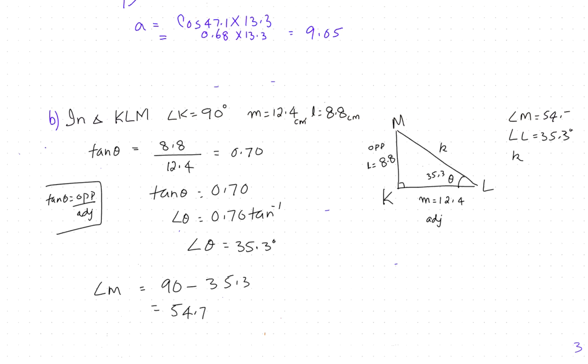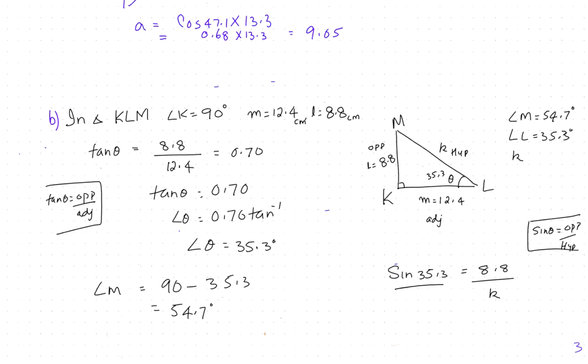So now we know the three angles and we have to find side K. So for this angle L, K is called hypotenuse. So opposite and hypotenuse we can use. So sine theta equals opposite upon hypotenuse. Sine 35.3 equals opposite, 8.8, upon hypotenuse K. So cross multiply.